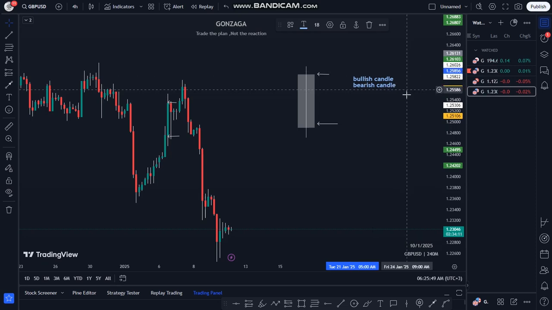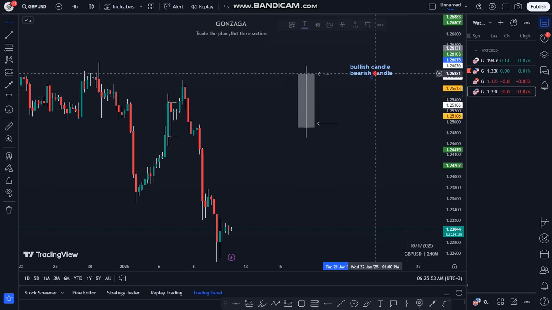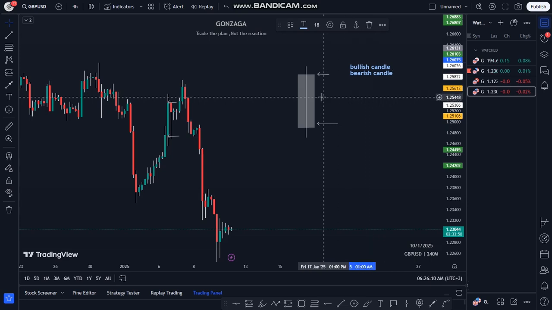So now, what are the patterns that we actually need to know about these candles? The first pattern that I'll be going through, and the first most important pattern that's always everywhere and it's always effective, we shall first see the bearish engulfing pattern.